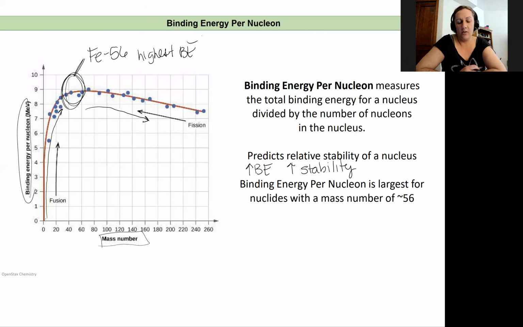So nuclei with really large mass numbers are going to be less stable, and they're going to try to change their nuclear structure to have a higher binding energy, to be more like iron 56. Similarly, really small ones are going to try to get to a larger binding energy, more similar to iron 56.